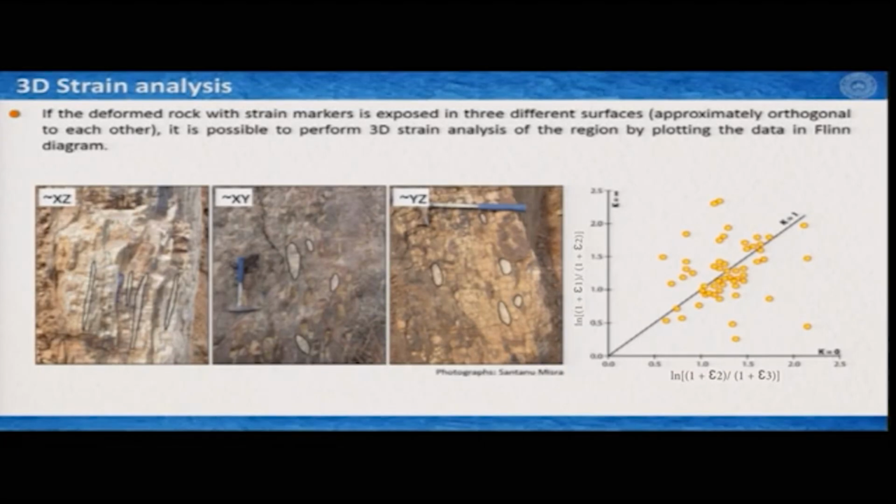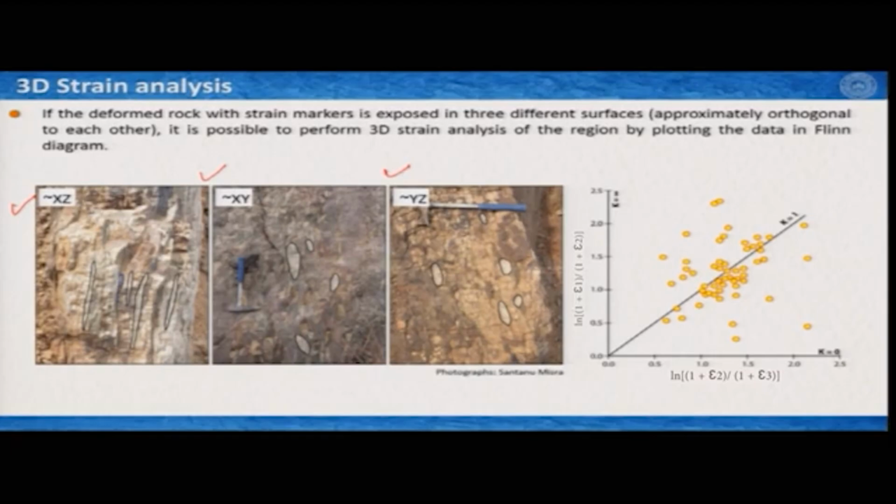Because we have foliations, it is possible to identify the 3 different principal axes of strain and their orientations. So, I have 3 photographs here taken along the xz, xy, and yz sections.